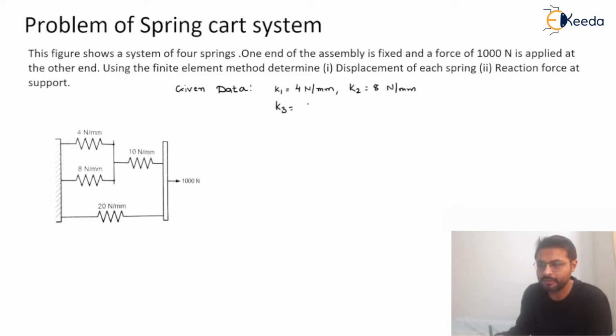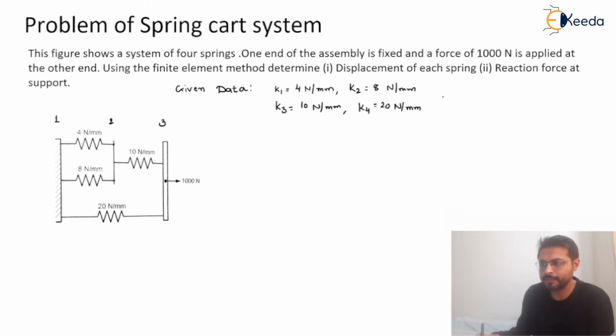The third spring, K3, is 10 Newton per mm. Same for the fourth, K4, 20 Newton per mm. And the force is applied at node number 3. So here you can see there are 4 elements and 3 nodes.